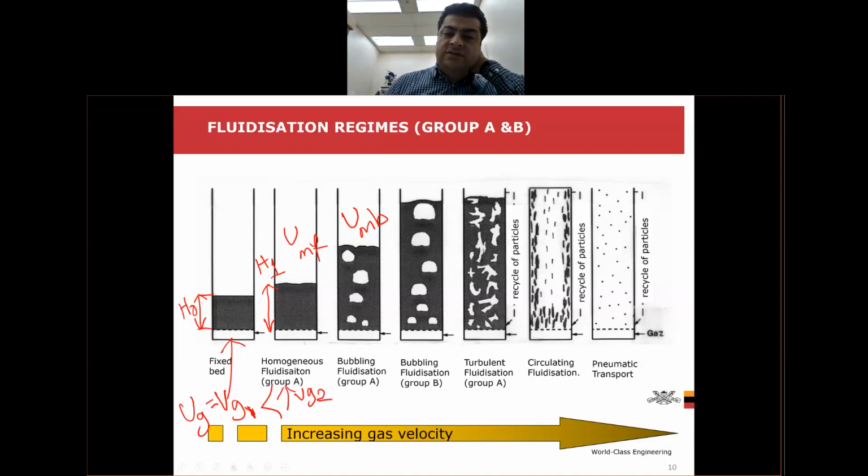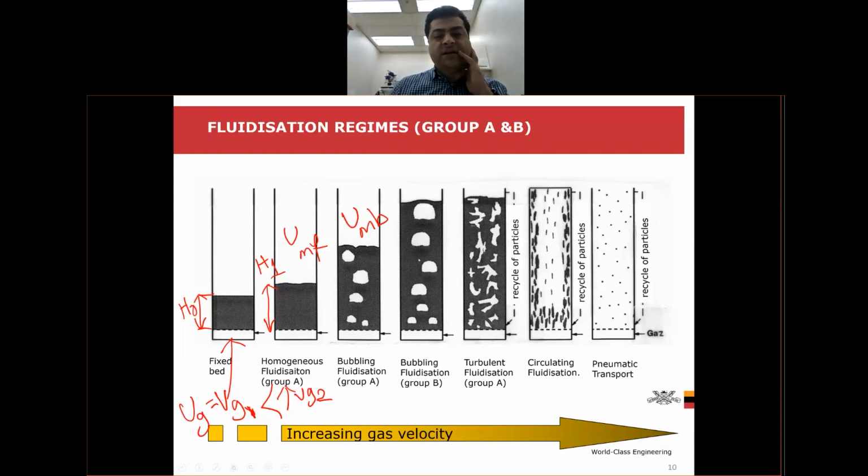And these two distinctive velocities are characteristic of group A powders. But when you are dealing with group B powders, UMF and UMB are the same.